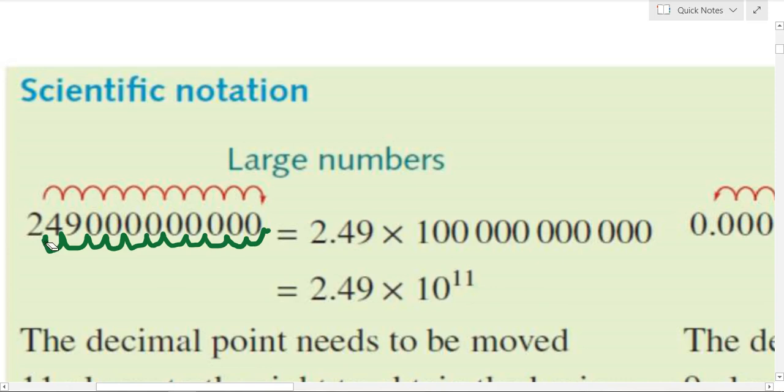So again, you want to represent this number between 1 and 10. In this case, it's 2.49. You can't do 24.9 or 0.249. It has to be between 1 and 10. And then count the number of times that decimal point has moved. In this case, it's 11 times.